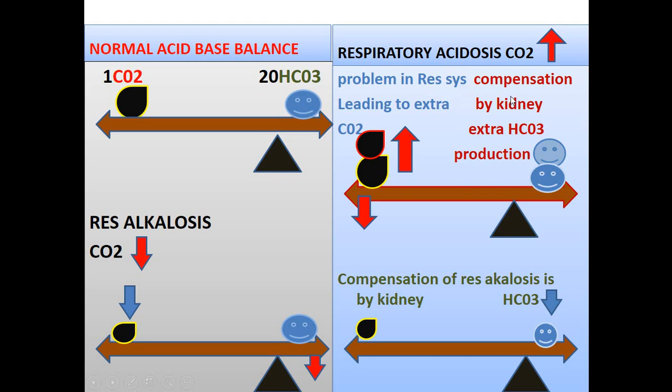How? They are going to form extra bicarb. As we have seen in the previous lecture, they are going to produce extra bicarb. And this bicarb, which is normally 20 units, will now become double. So this is going to balance. Carbon dioxide more, bicarb more. So this is the cause of respiratory acidosis, and this is the compensation for the acidosis.